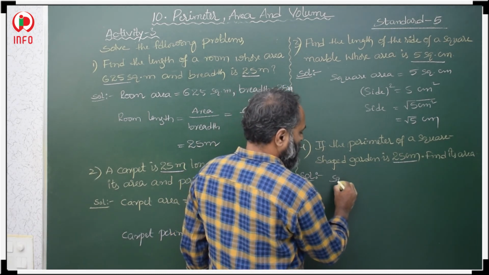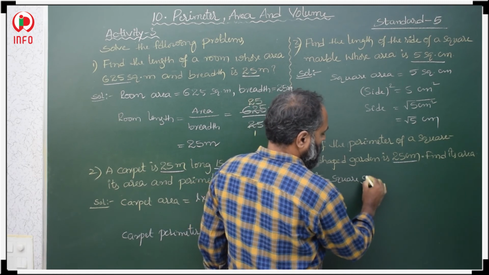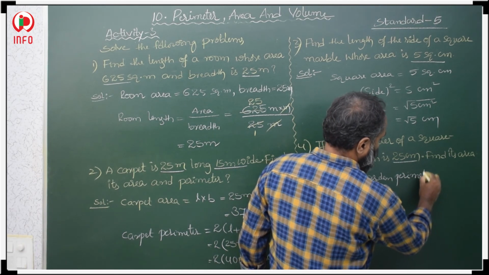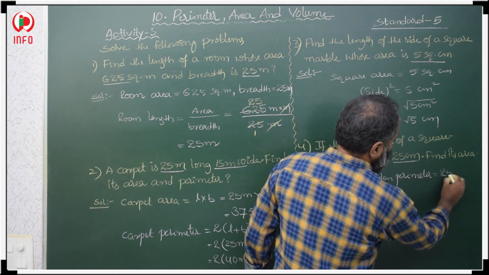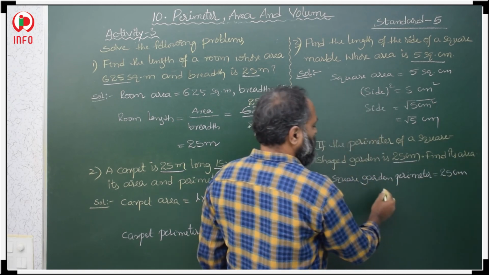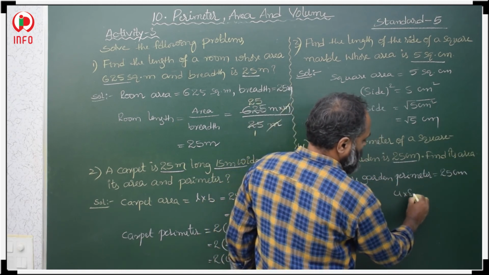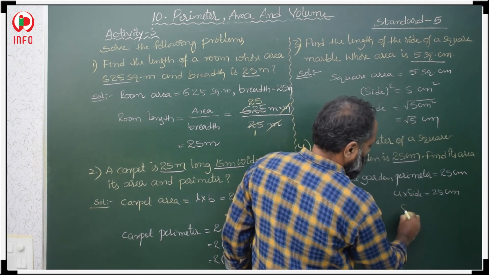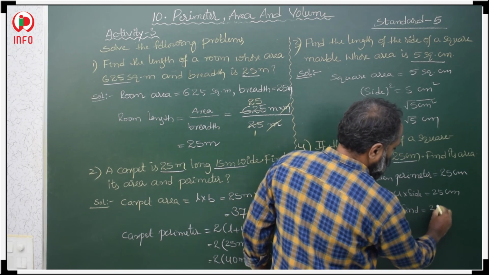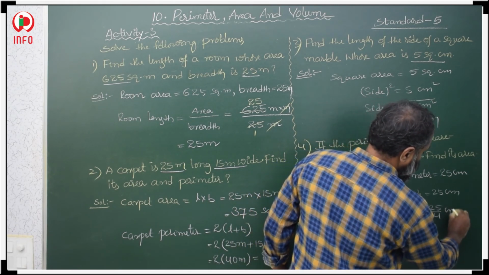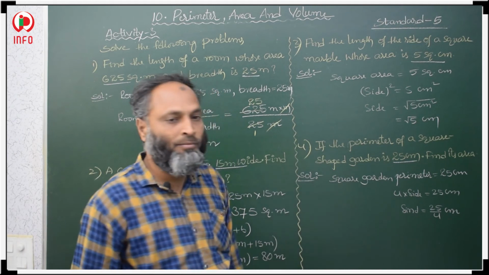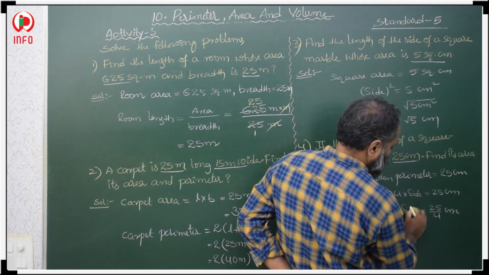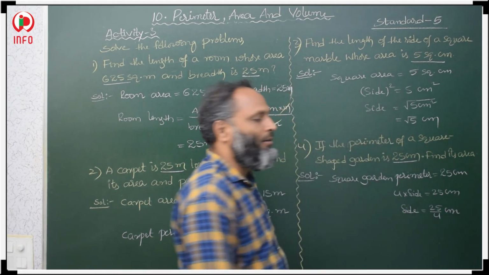So for the square garden, perimeter is 4 into side, equal to 25 centimeters. Now transpose the 4, side is equal to 25 by 4.